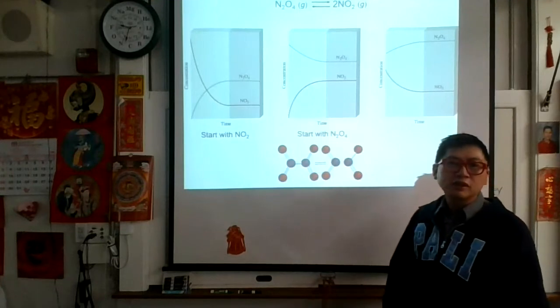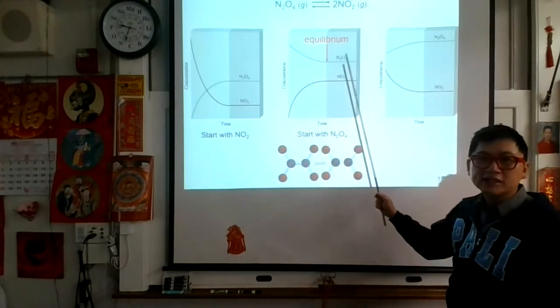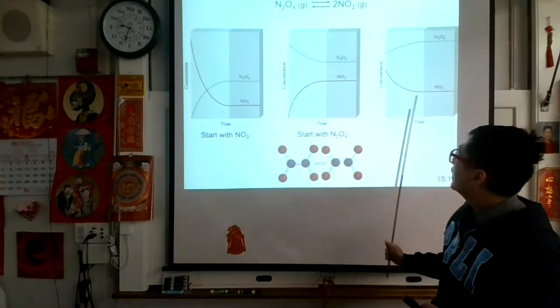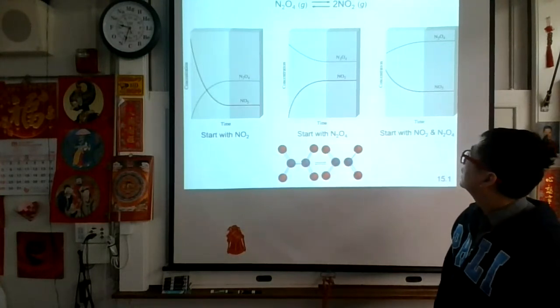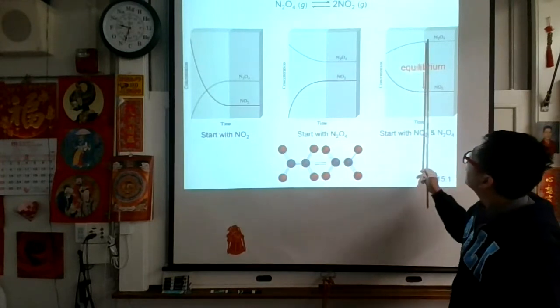But eventually we'll get to a point of equilibrium where the rates of reactions forward and reverse are equal. Now, what if I had some random amounts of each? One will increase, one will decrease, until I get to the point of equilibrium, where it appears like there's no change.